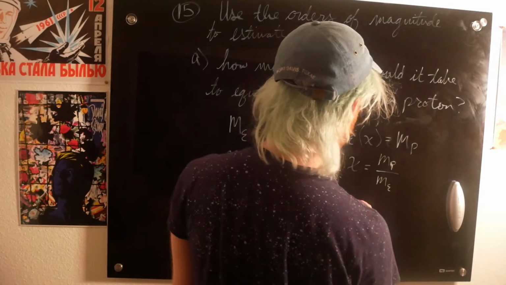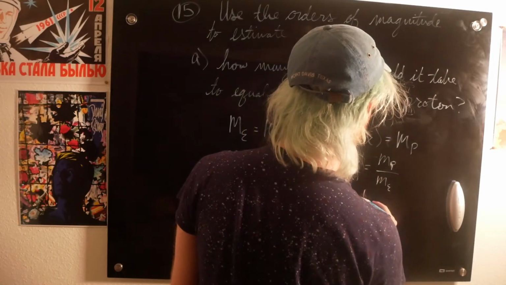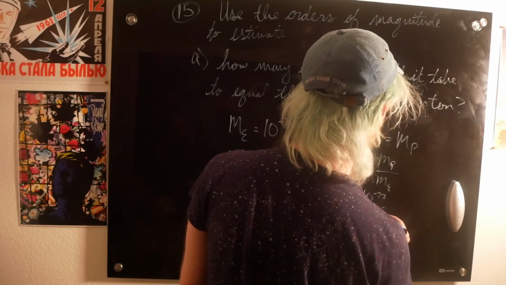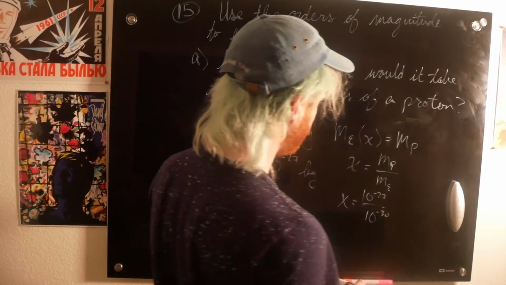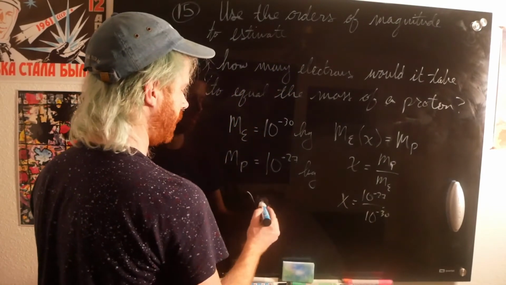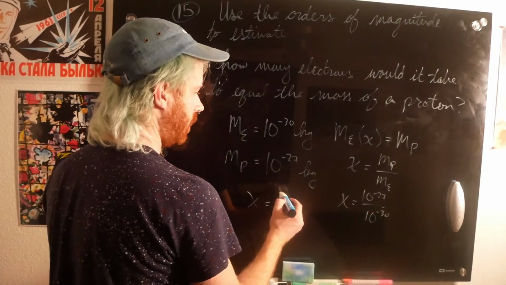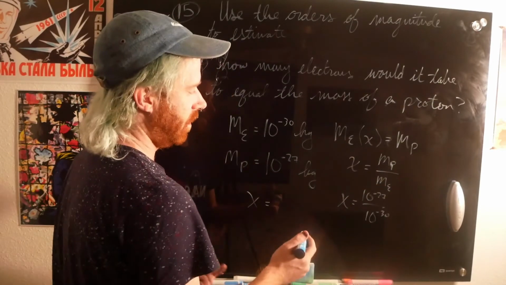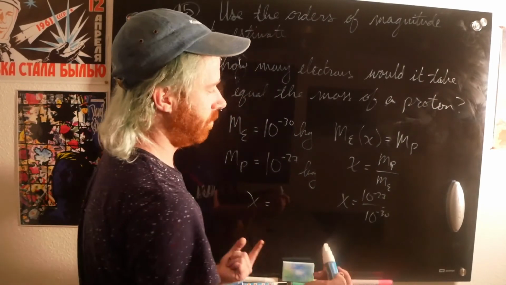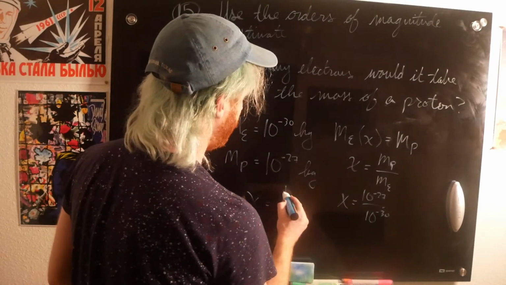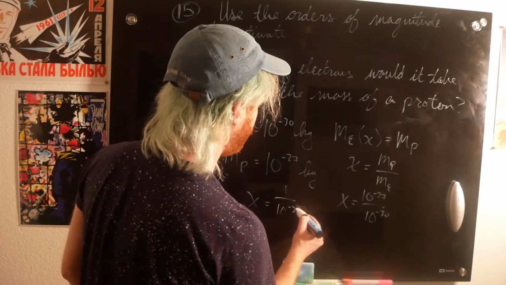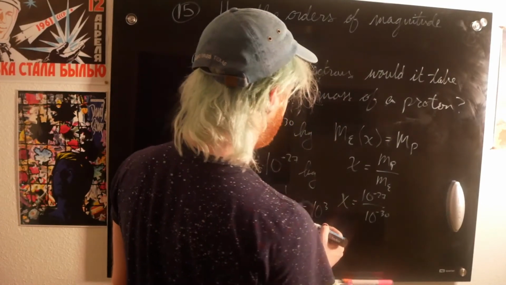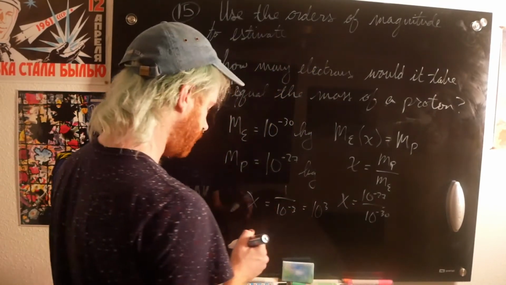And that is going to give us x equals 10 to the negative 27 over 10 to the negative 30, which gives you x equals 1 over 10 to the negative 3, which is the same thing as 10 to the third.